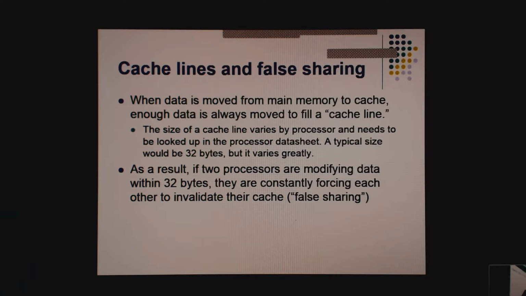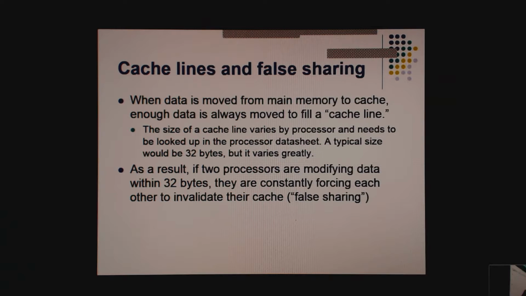Or if I'm reading a field of an object, I'm likely to read other fields of the same object as well. The size of a cache line varies by processor, but a typical size would be 32 bytes. In the old days, 128 bytes were more common, but they've gotten a little shorter.